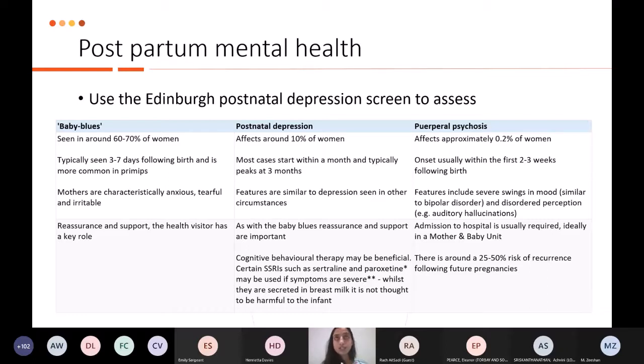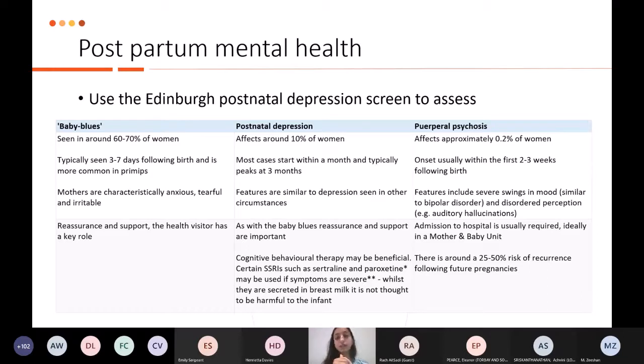In an exam question, it tends to be a partner presenting very concerned about his wife, who is not bonding with the baby, who is concerned that someone is trying to hurt their baby, or who is hallucinating. That's the sort of vignette you would get in an exam question, from what I can remember, from when I sat the DRCOG exam.